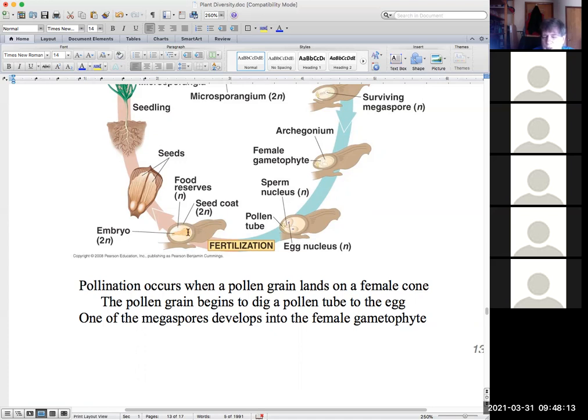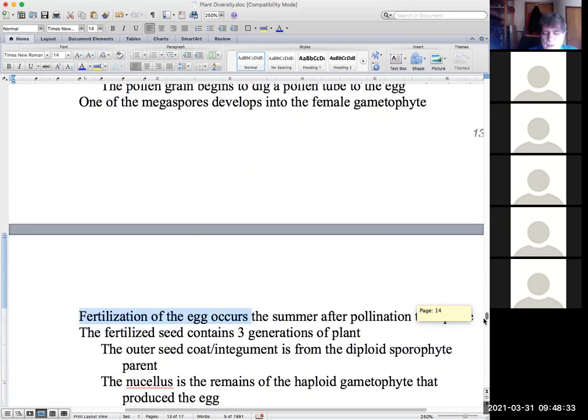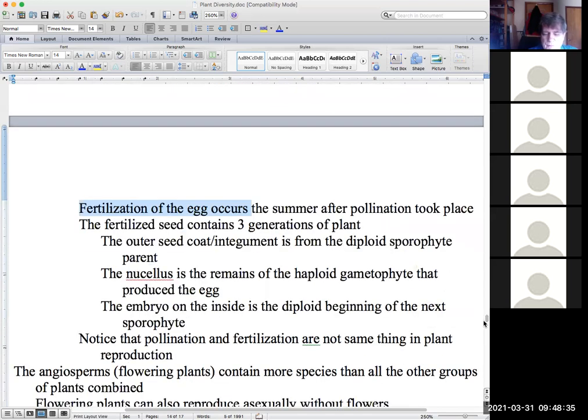So remember, the 2N layer is the sporophyte. So the embryo is the beginning of the new sporophyte. Out around that, we have the end of the female gametophyte, so we have a layer that's 1N. And then we have the cone, which is the previous generation sporophyte. So we have 3 generations, in a sense, within a single structure.